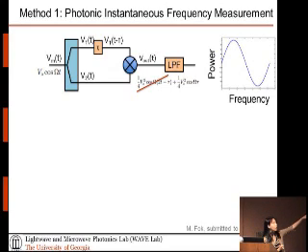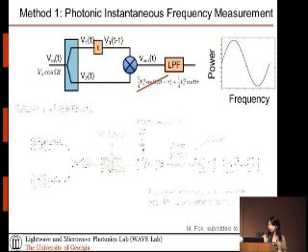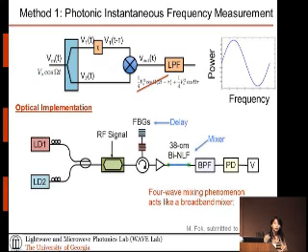If you use a low-pass filter, you can just look at the DC component, and from the power you received at the very end, you can tell what frequency you are getting. We did some experiments on this, using an optical implementation of this architecture.